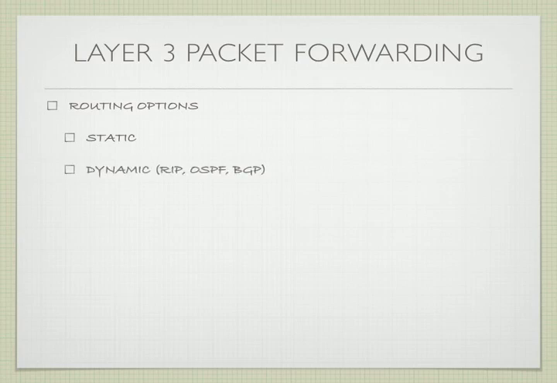Many firewalls also support dynamic routing protocols, RIP, OSPF, or BGP. This is to a varying degree a difference among firewall vendors. You will find some with more support and some with less, but generally some kind of dynamic routing protocol could be supported on the firewall.